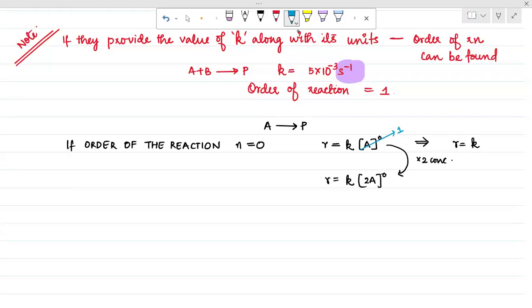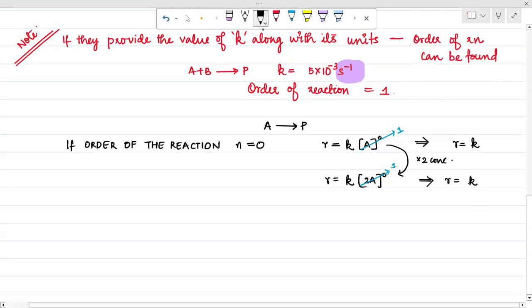Now, when you multiplied the concentration by 2, the expression is R is equal to K into 2 times the concentration to the power 0. And effectively, what is that equal to? R is equal to K again. Why? Because any number raised to 0 is 1.